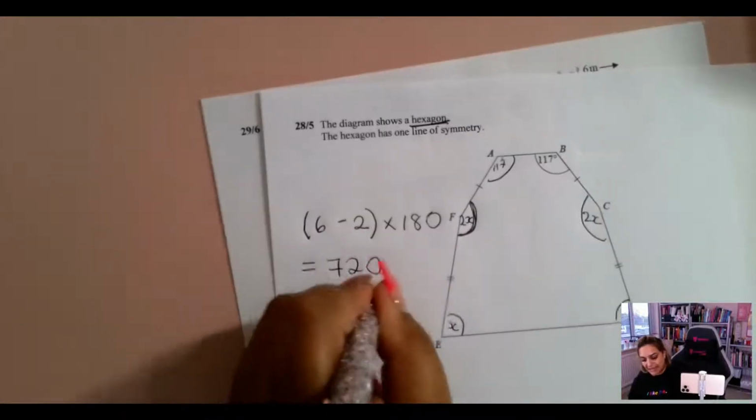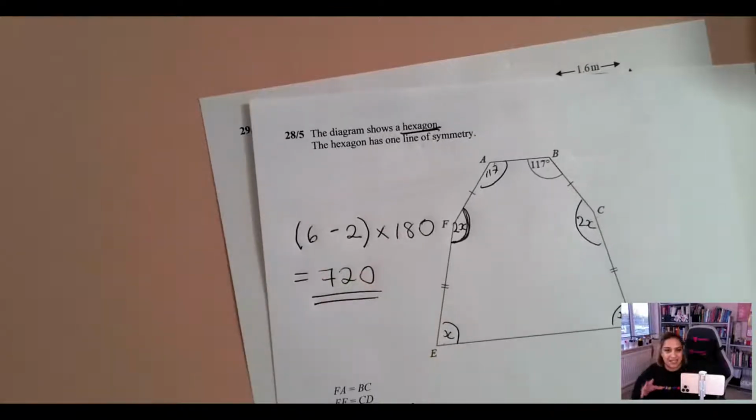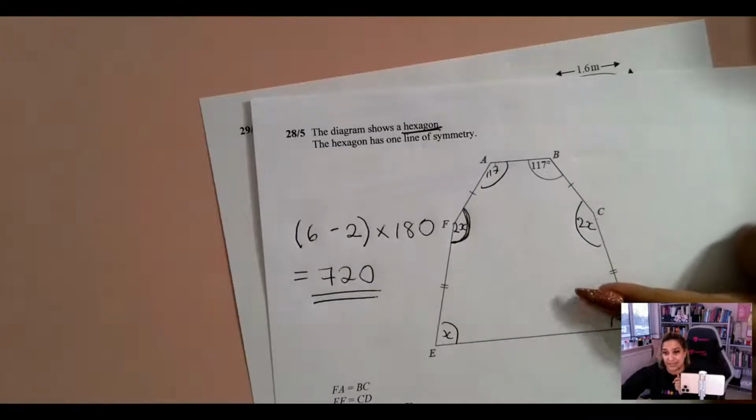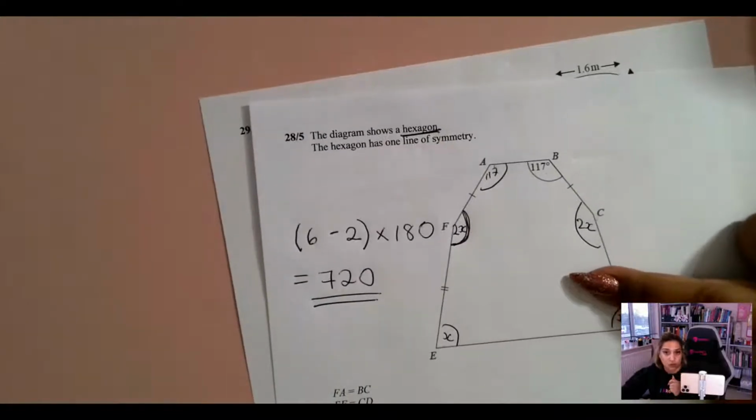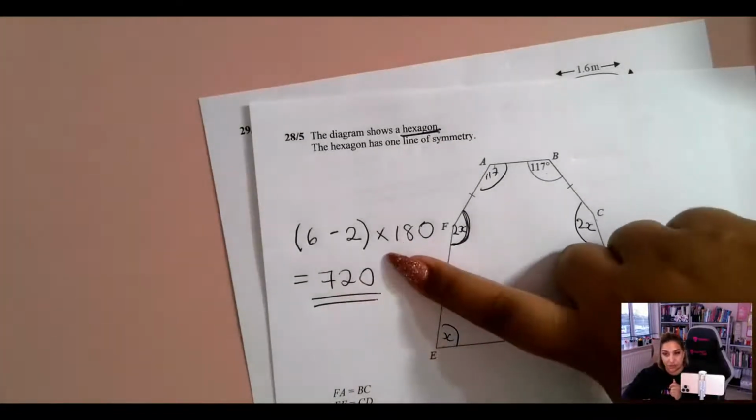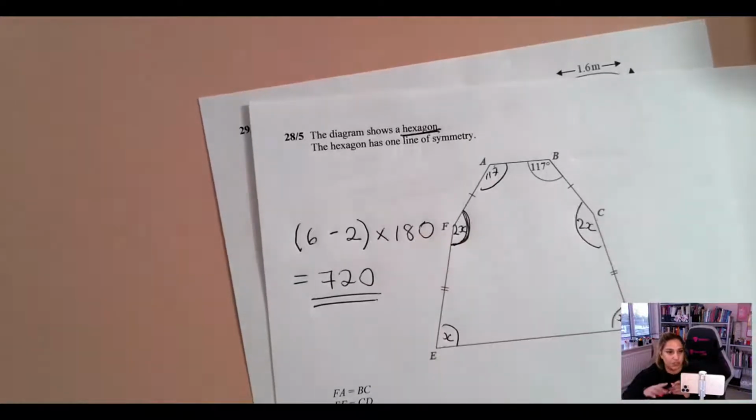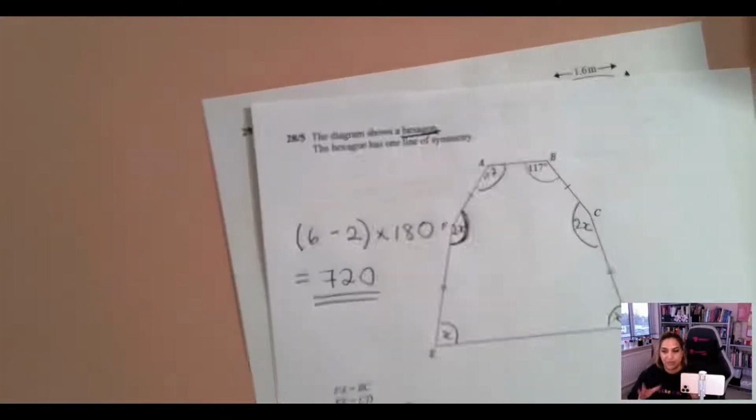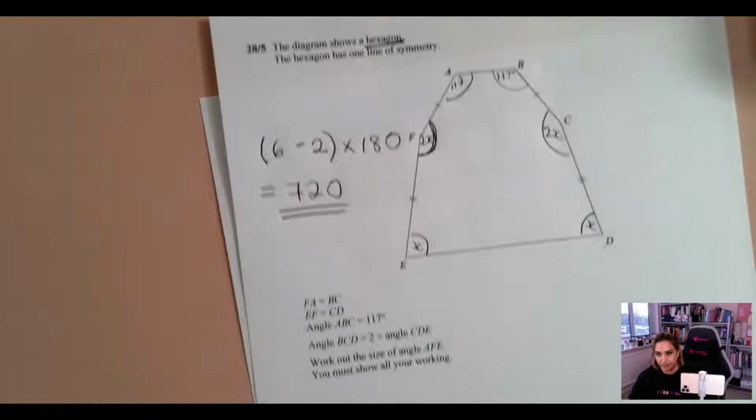So we know the angles inside the hexagon add up to 720. If you were to draw it, you would see that's because you can split this into 4 triangles. Each triangle is 180. So if you go blank in an exam, you think, how many triangles can I get?